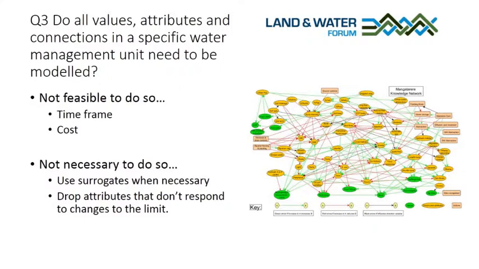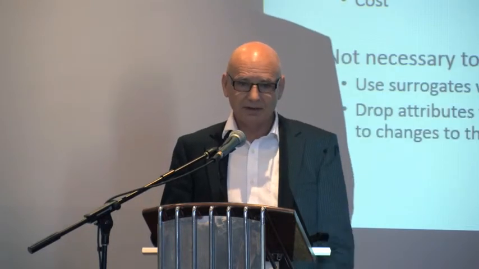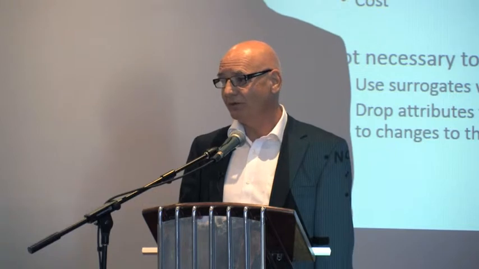It might be if your focus is purely on the biophysical, but then when you bring in the socioeconomics and cultural values, recreational values, even some of the fundamental water quality attributes, it's just not going to be feasible to model everything, given the time that's available to you to set limits, first time round anyway, and the cost. And it's probably not necessary to do so anyway.